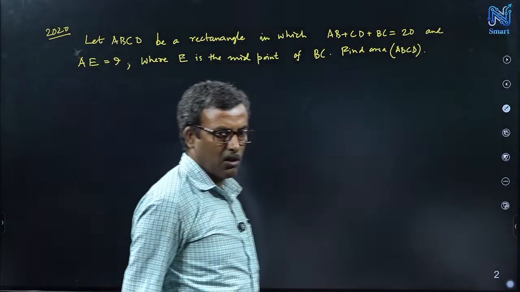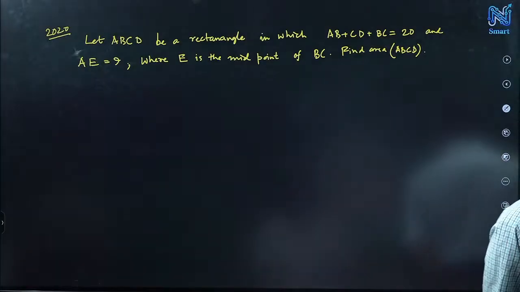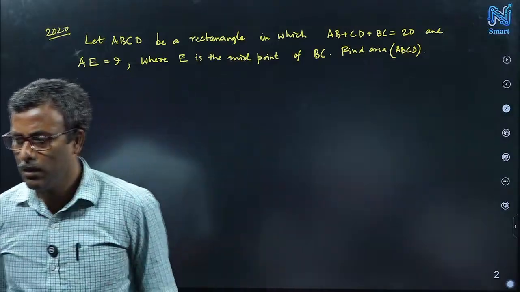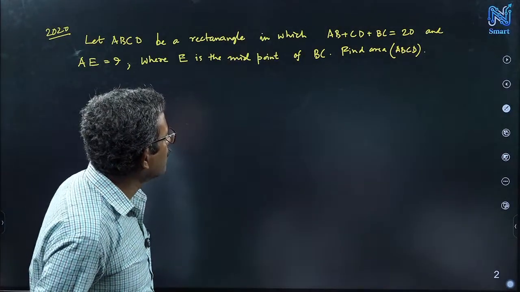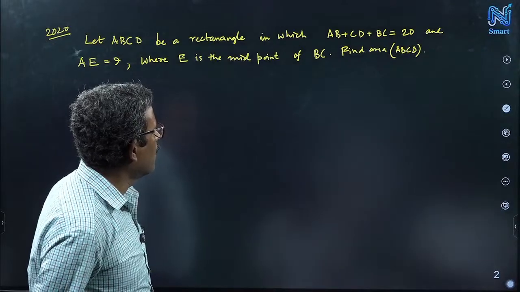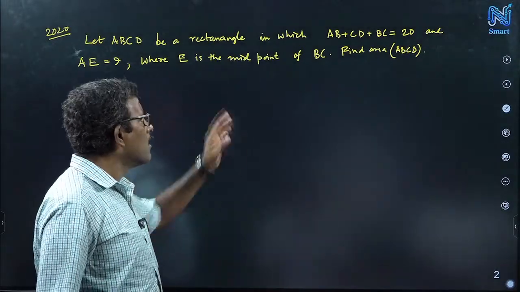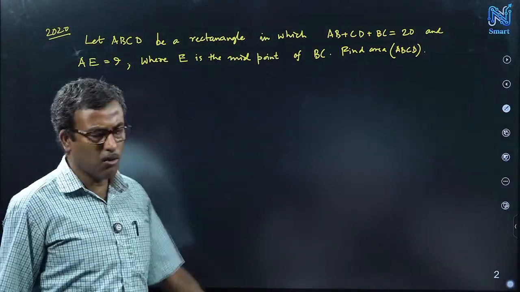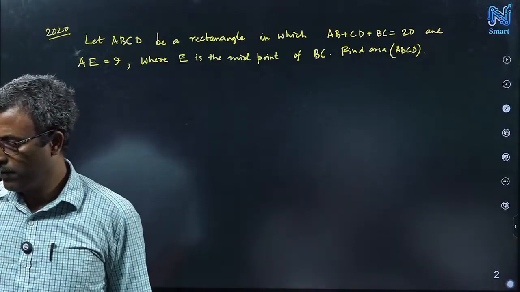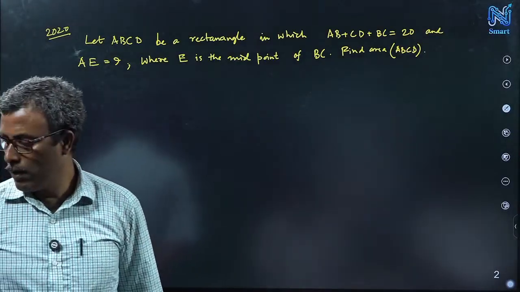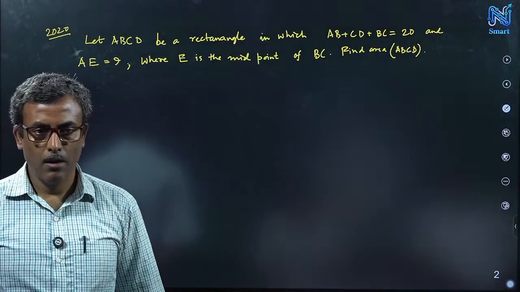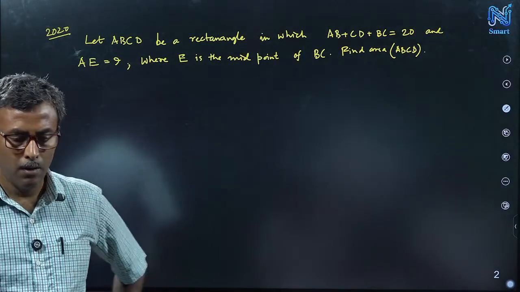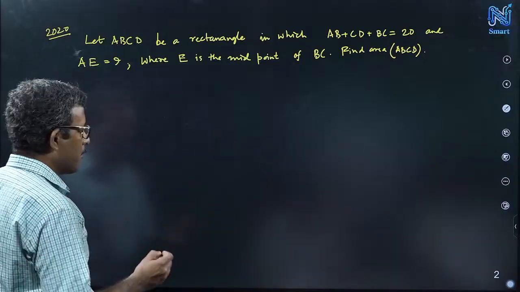So for geometry, first you have to draw the diagram, right? Draw a rectangle ABCD, then take the midpoint and then try to find the area of ABCD using the fact that AB plus BC plus CD equal 20 and that AE equal to 9. So first draw the rectangle.